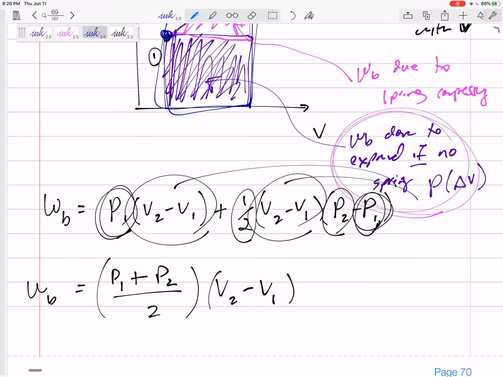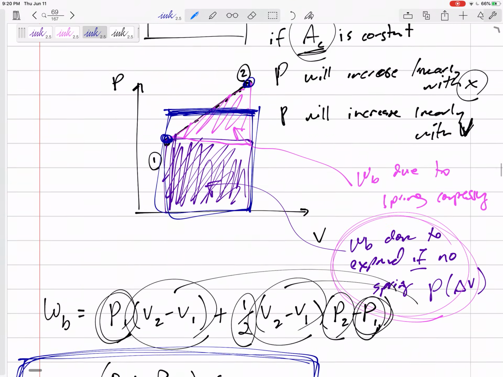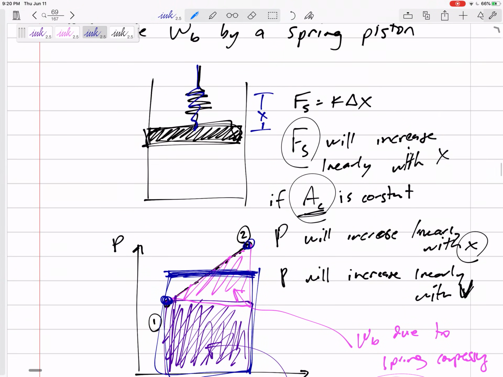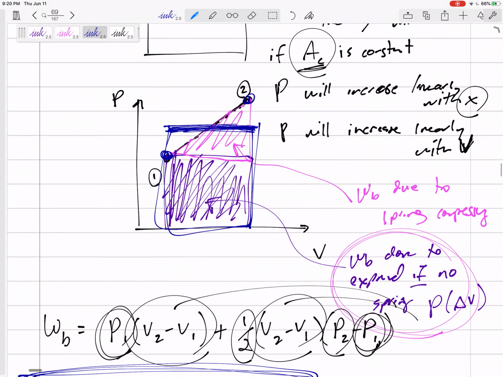Anyway, I would just write that equation and memorize it. But again, we can't use it for any process. That's only for the expansion of a piston cylinder that has a spring attached to it.